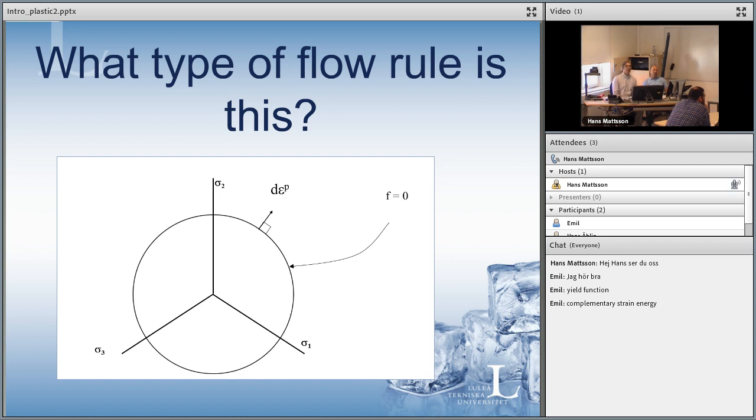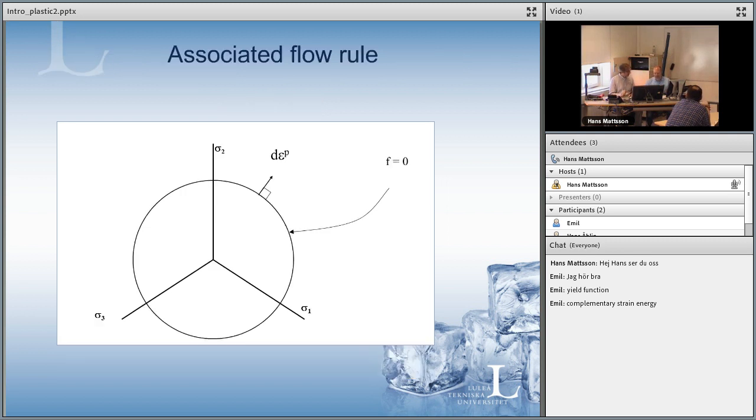We want a distinct answer. It's very important here. Now it starts to get closer. A distinct answer from group number 5. It's not correct. No, we don't continue with the questions. So the right answer is associated flow rule.